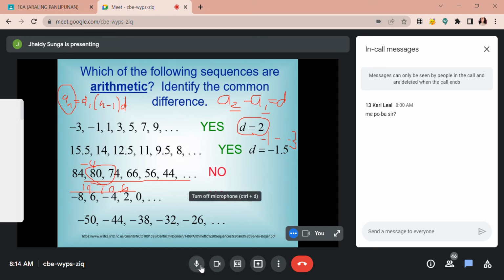Arithmetic. So if it's arithmetic, all right, the common difference would be 6. How? We have this negative 44 minus -50, right? And then we have 6. All right.